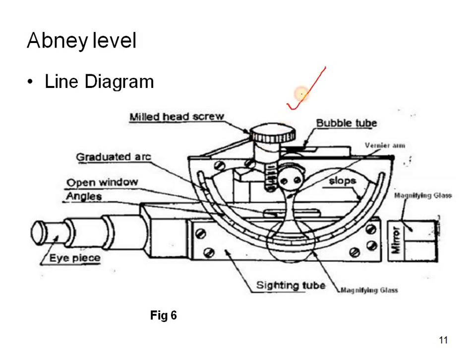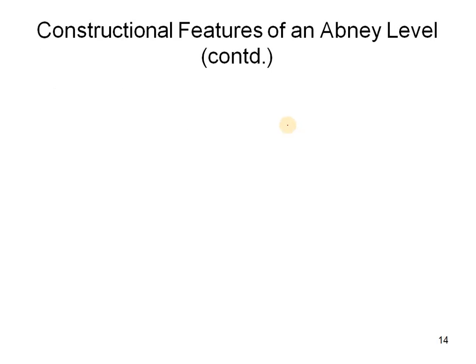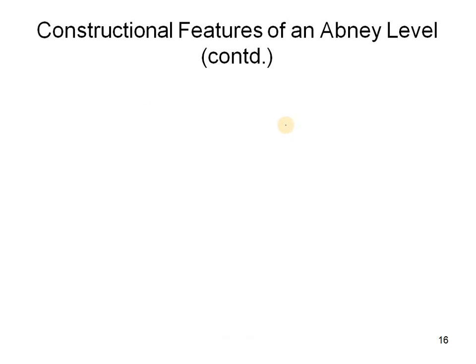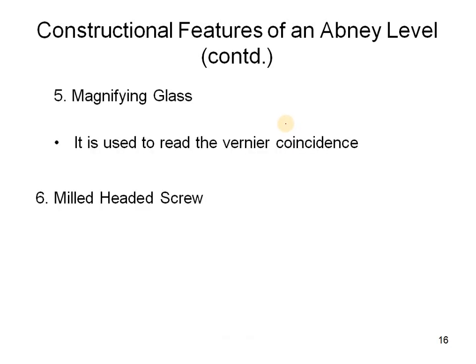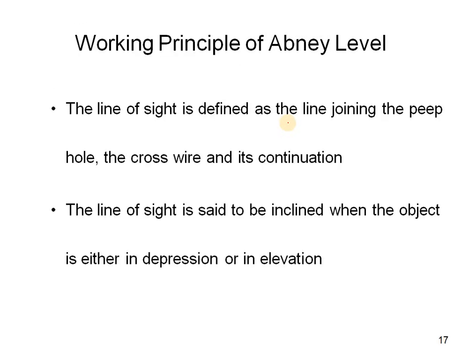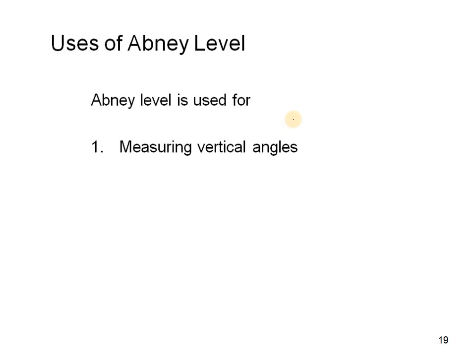So this diagram is important. Remember each and every component part: graduated semicircular arc, vernier arm, magnifying glass, milled headed screw, crosshair.